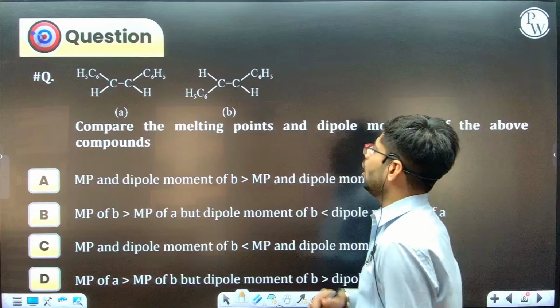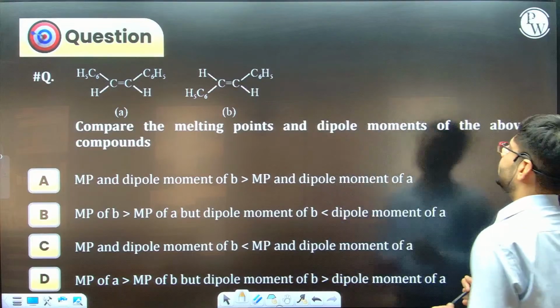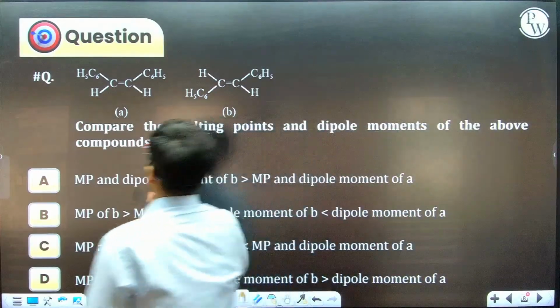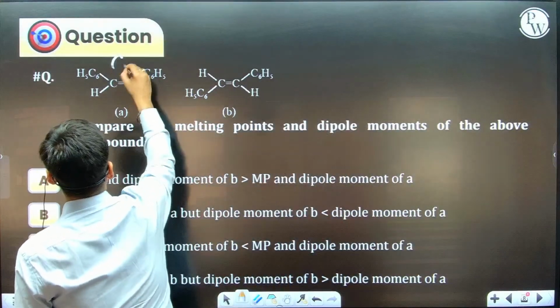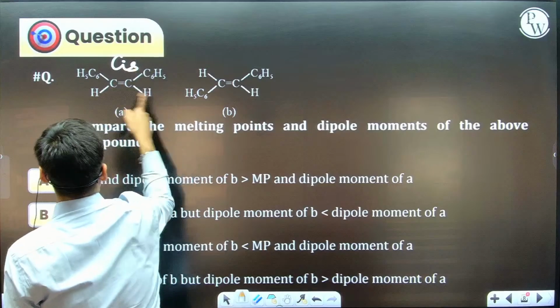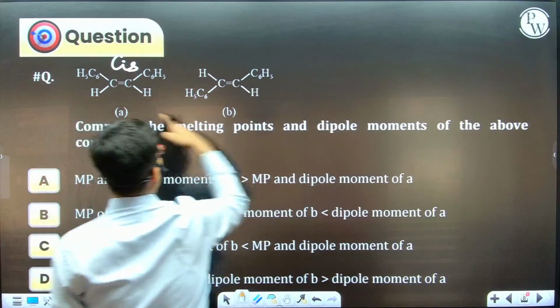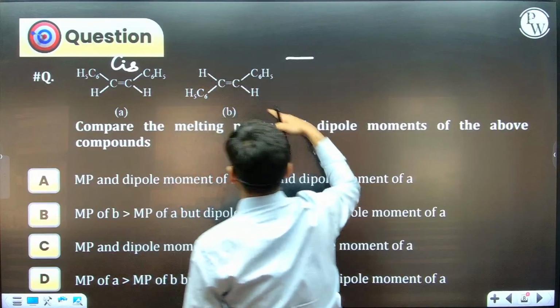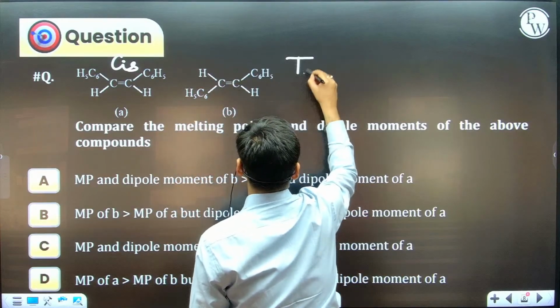Next question. Compare the melting points and dipole moments of the above compounds. Okay. This is a cis isomer. Both the hydrogen atoms are lying on the same side. This is a trans isomer. We have hydrogen atoms lying diagonally opposite to each other.